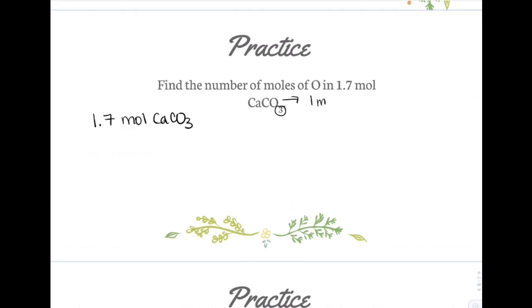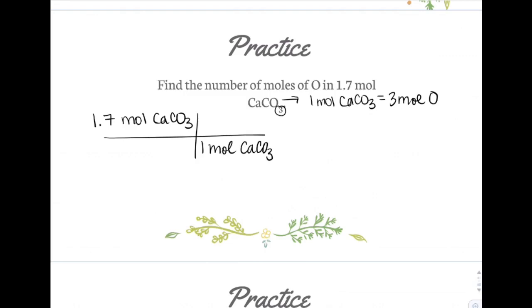So in 1 mole of calcium carbonate, and I can use mole and molecule, or I can use atoms, but moles are just a generally better unit for me because it's like a bundle of those small things. So it's a 3-to-1 ratio. So there's my conversion. So I'll set this up, and I'm going to say 1 mole of calcium carbonate is equal to 3 moles of oxygen.